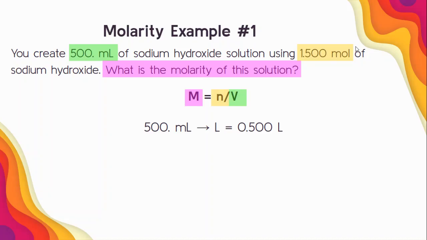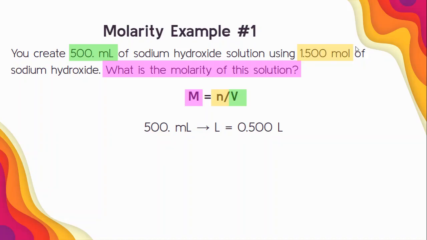Now the first thing we need to do, your volume, remember, needs to be in liters. So we need to convert milliliters into liters first by moving the decimal 3 spaces to the left. So 500 milliliters would turn into 0.500 liters, maintaining 3 sig figs.